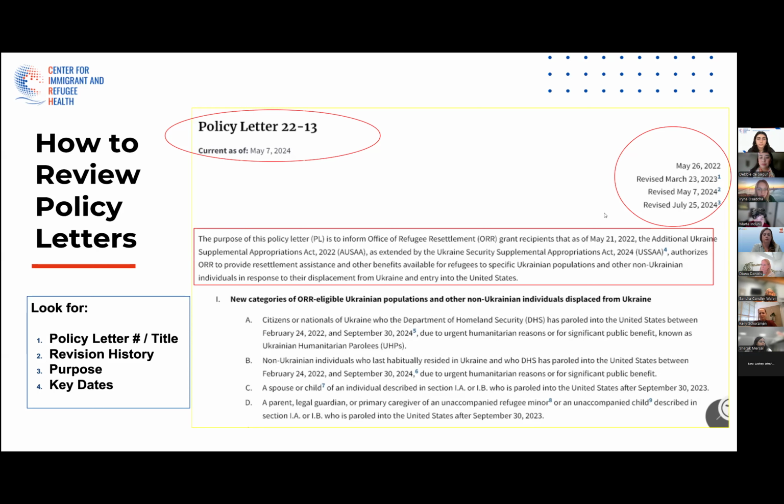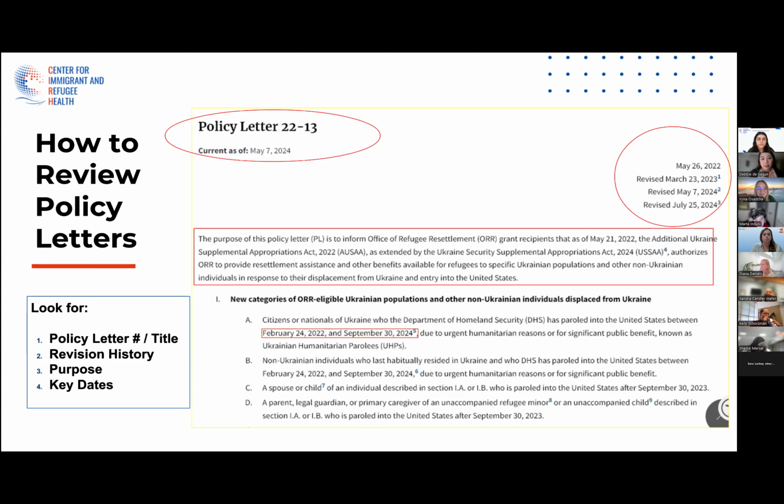Usually it's placed at the beginning of the policy letter to inform what the purpose is. Here we can find that this one is supplementing the program of additional support for Ukraine, and has some additional revisions, so we can understand what this policy is talking about.